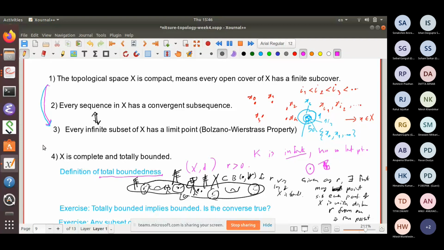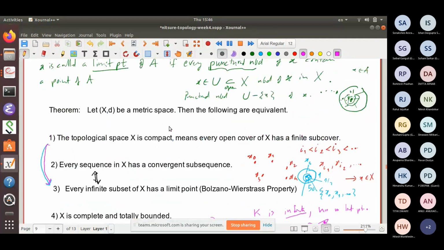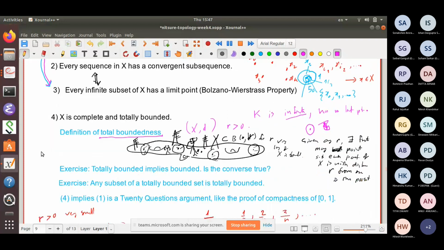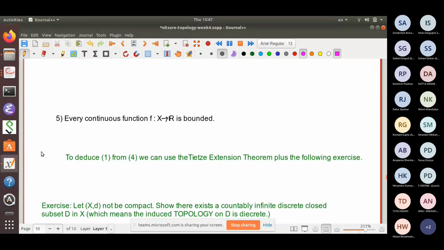Anyway, keep toying with these, and it's not a spectator sport. If you try very hard, you can look at any of the books. They're all pretty similar, and they all have different tricks. But then close it and try to do it your own way, and try to write down your argument so you remember it. Okay.